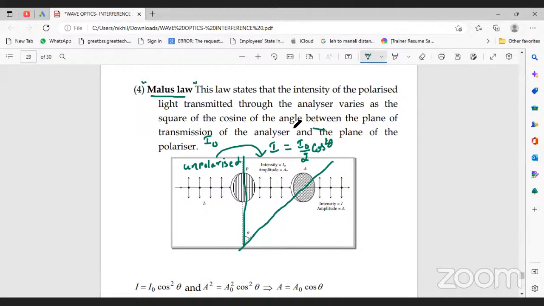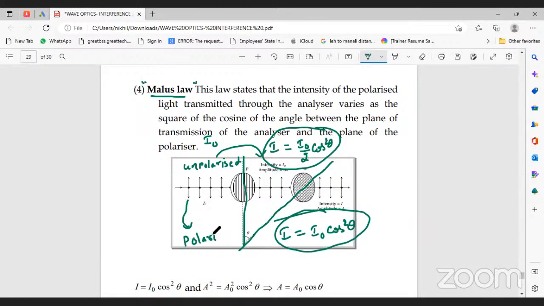The same Malus law can also be written as just I naught cos square theta. You write only I naught cos square theta if the incident light is polarized. If the incident light is unpolarized, then the intensity of the emergent polarized light will be I naught by 2 cos square theta.